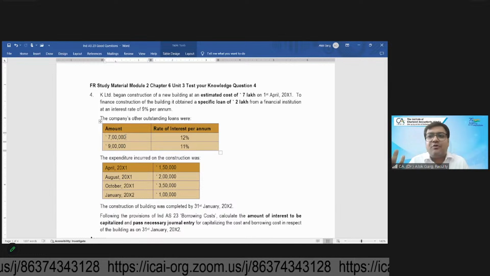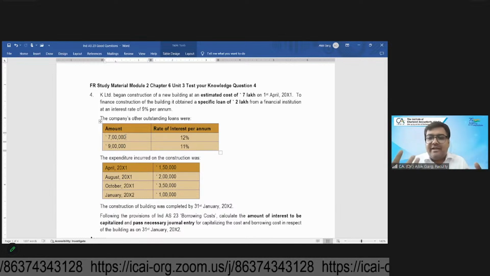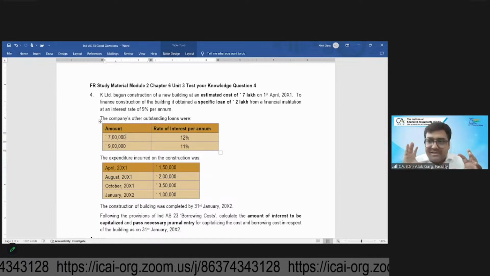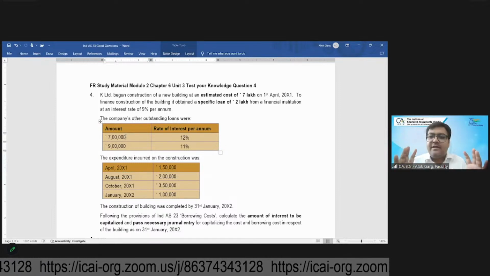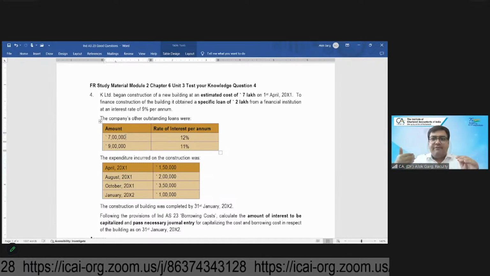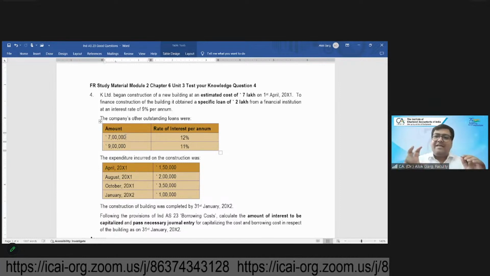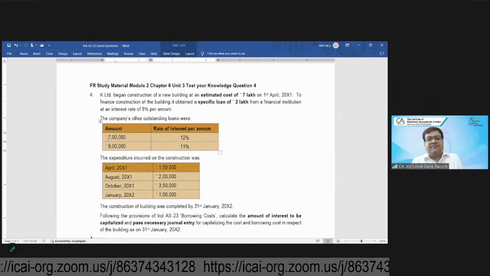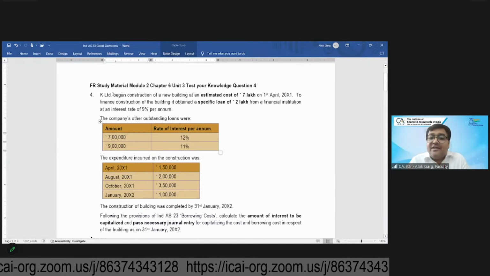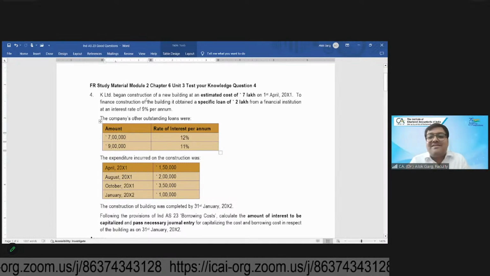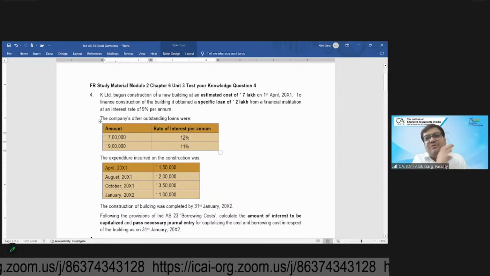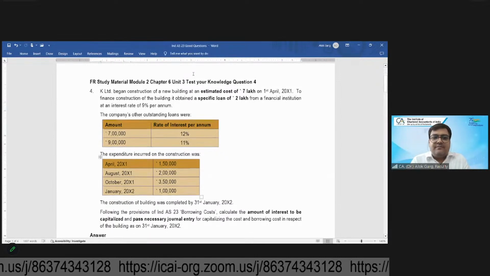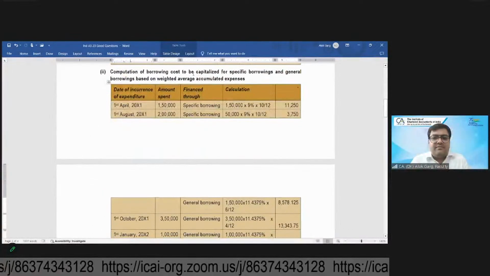The purpose was not only construction. So that is why you have computed the weighted average rate of borrowing, and whenever you are withdrawing money from the pool, you are only capitalizing the interest to the extent of utilization. Okay. Correct. And that is why the bank account was credited, because the money has come to the bank. Yes, yes, that's true, sir. Okay, okay. Thank you. Any other question?